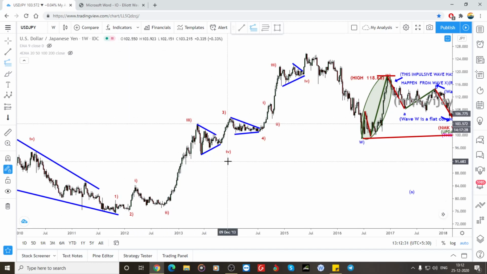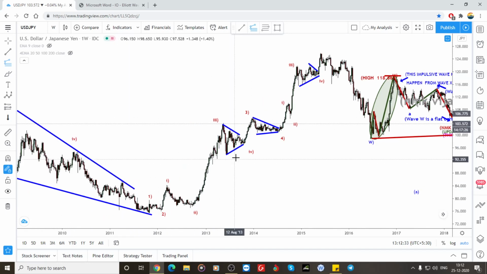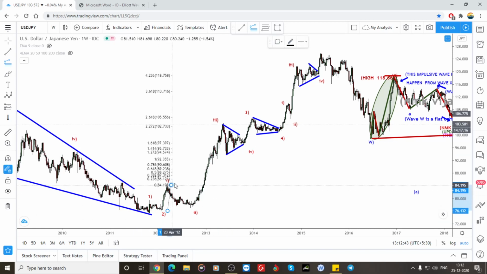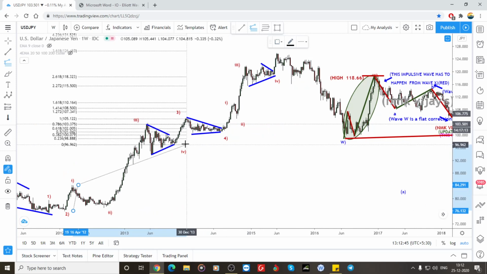One more thing you have to note down: the target you have to fix after the fourth wave is equal to wave 1. So if you place this as 0 to 1, at the end of the fourth wave you will get exactly that level. So this wavelength and the fourth to fifth wavelength are equal.